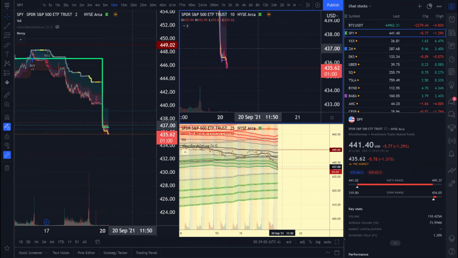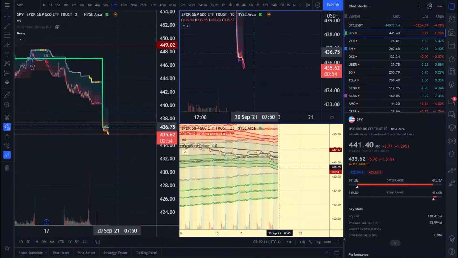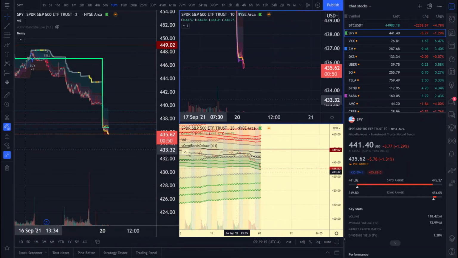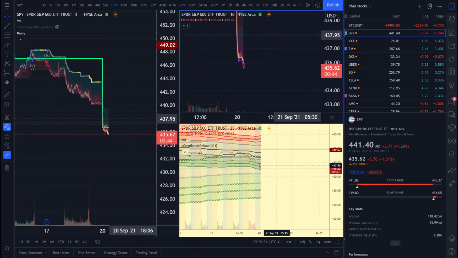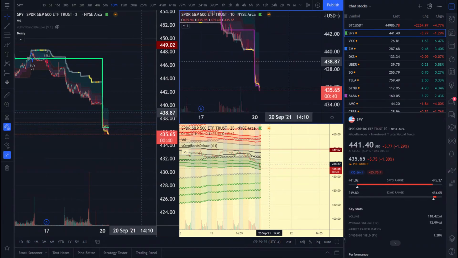If they don't, oh boy, we might be in trouble. So yeah, it's going to be interesting today for sure. Is this a normal pullback, or is this like a beginning of a correction? So, pretty nasty gap down for sure.